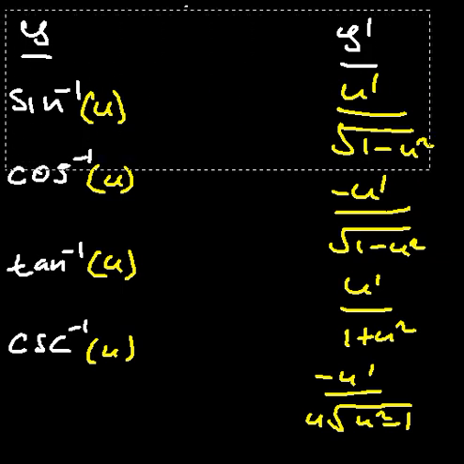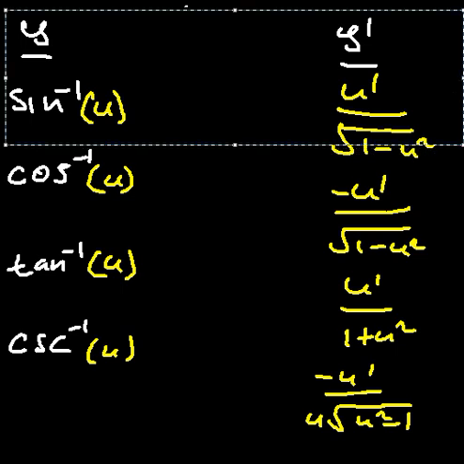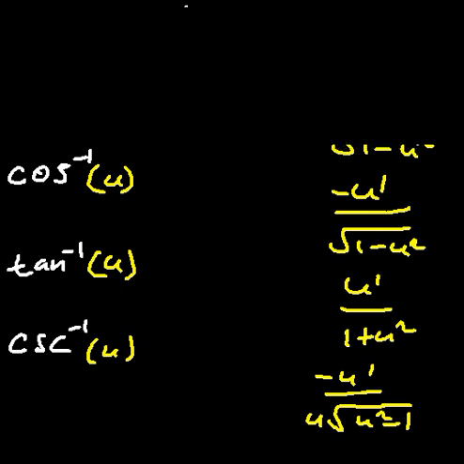And we also have this other case as well, that is now for sec inverse. So sec inverse with the inner function given as u. What is its differentiation key?